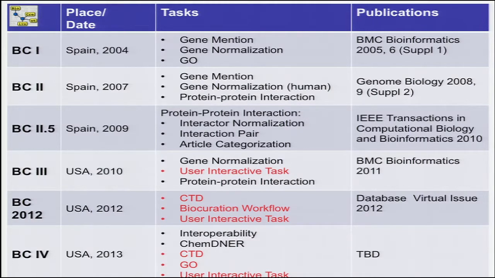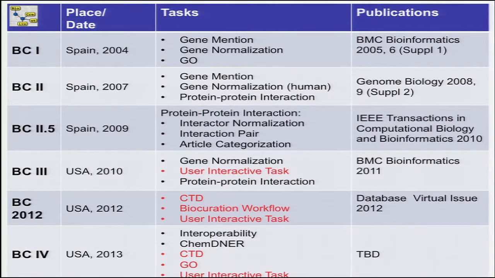some of the tasks were repeated, but until 2010, all of the previous tasks were batch tasks or shared tasks. Basically, you provide a task, you provide the corpus, and then the teams provide the results. In 2010, we introduced an interactive task.